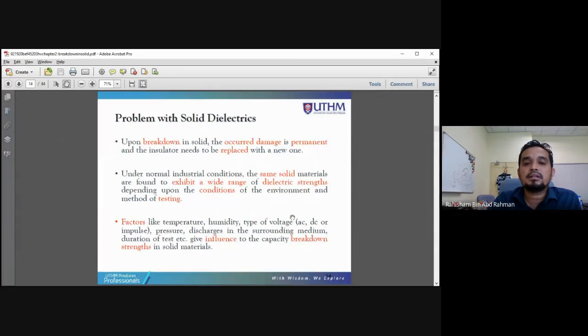Once the solid dielectric breaks down, the solid needs to be replaced. It cannot be replenished automatically like a gas. That is the drawback. Once we have the breakdown in the solid, the material needs to be replaced with a new one.